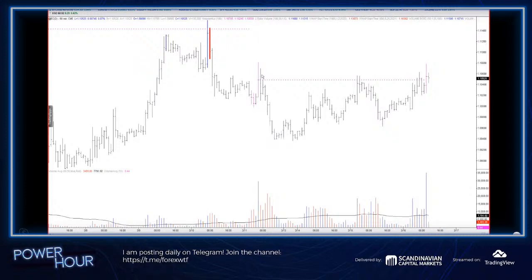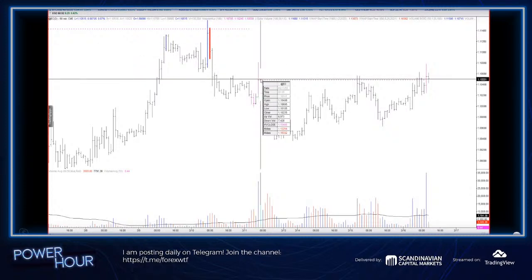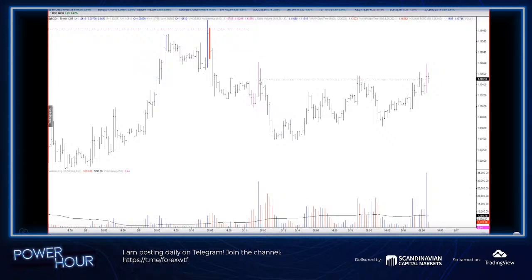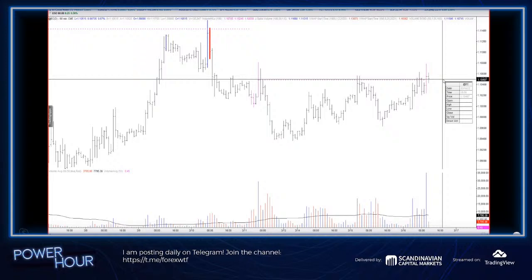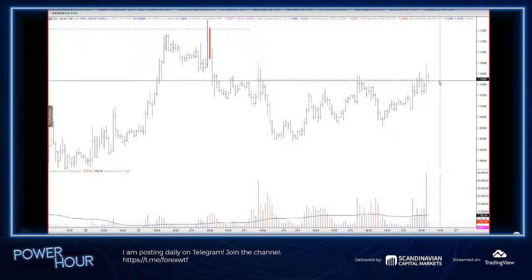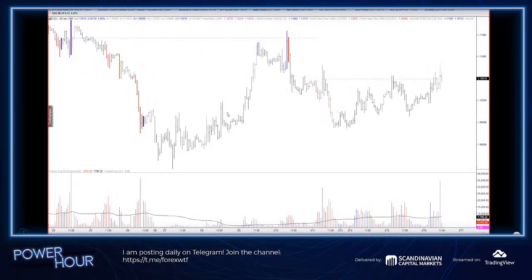So that is 110.11. This is futures, but I use it as a proxy for spot. So that was a high volume level. As you can see, it was resistance. And not coincidentally, we just made a high volume level at the exact same place. So there is something going on around 110.15 or so. Elephants in the room playing right there.